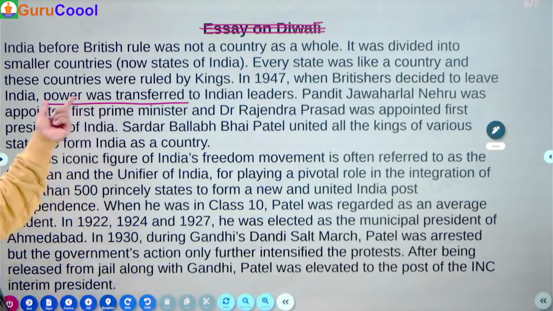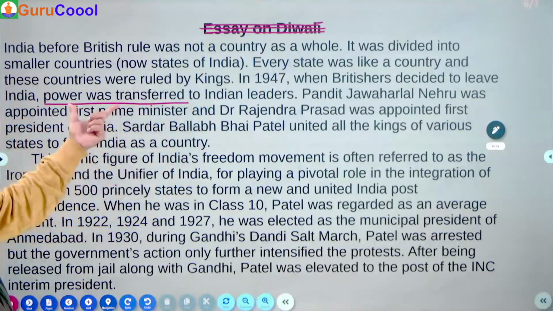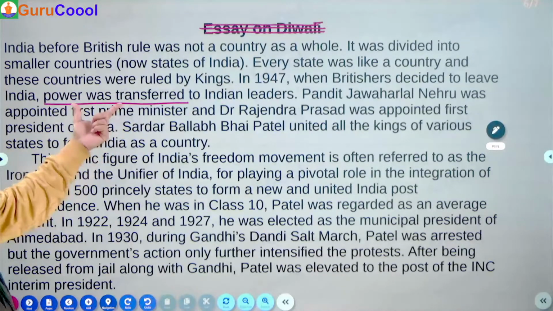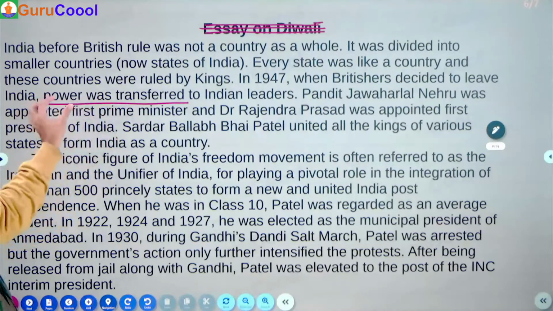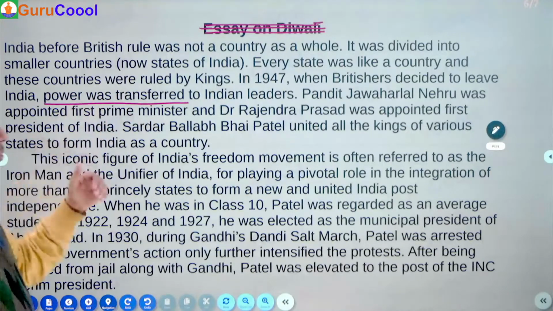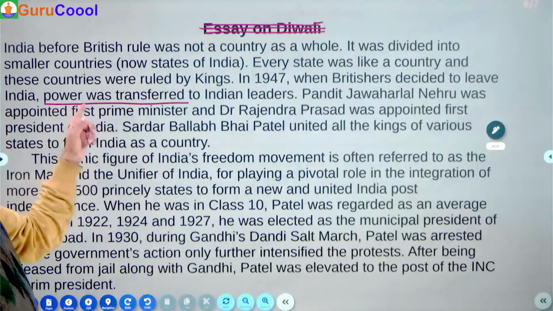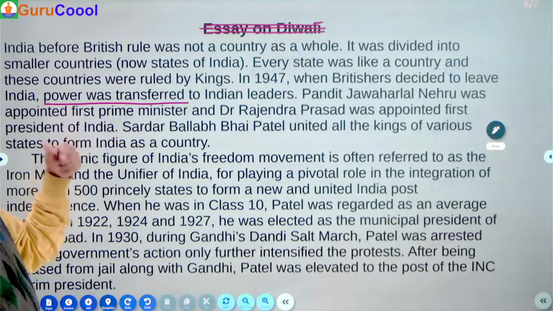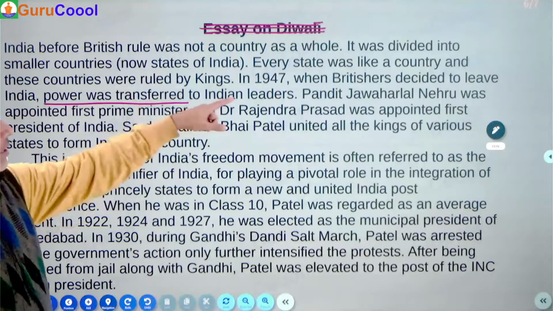So the sentence power was transferred is the simple past tense passive voice. Notice object plus was plus V3. Who transferred the power is not written, but what was transferred is written here. Power was transferred to Indian leaders.